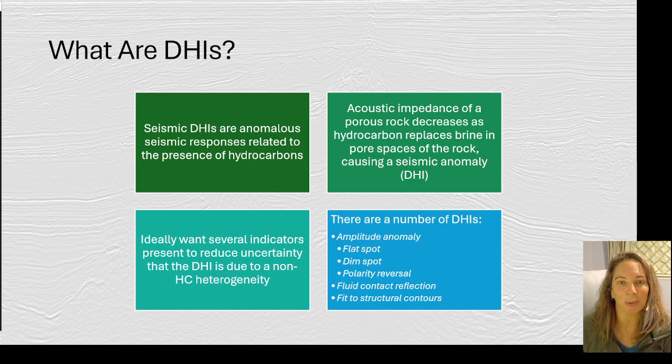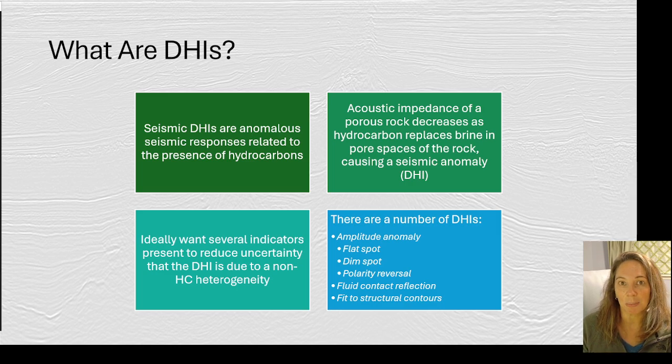Those were the first ones that geologists noticed and drilled after. I think it was the 1970s, they did all of this drilling for bright spots that they saw in seismic. But bright spots aren't the only DHI. We have all sorts of amplitude anomalies, from those bright spots that I keep mentioning to flat spots that can represent a fluid contact.